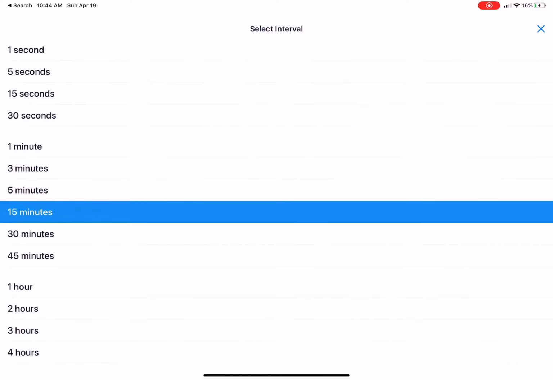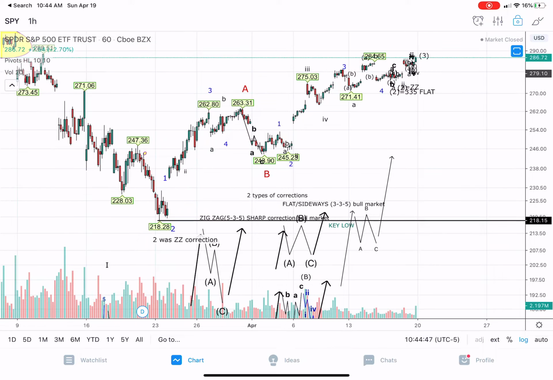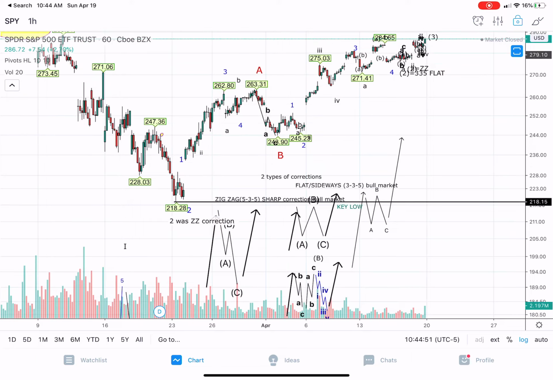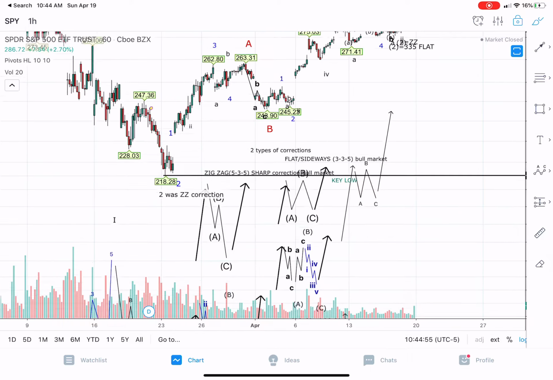Now, how do we do this? Well, what I just taught you guys from below is that for corrections, wave B tends to retrace anywhere from 38.2% to 50%.